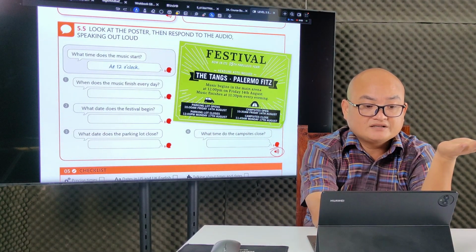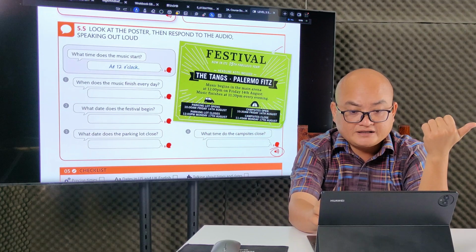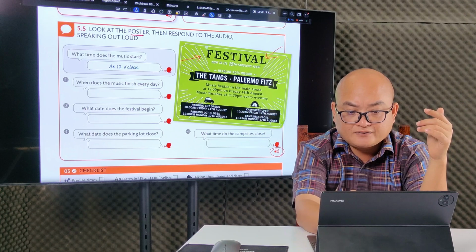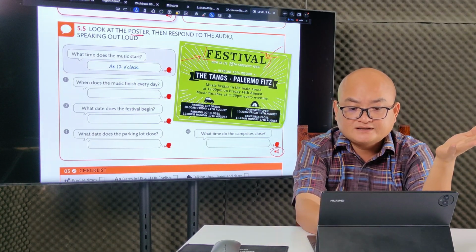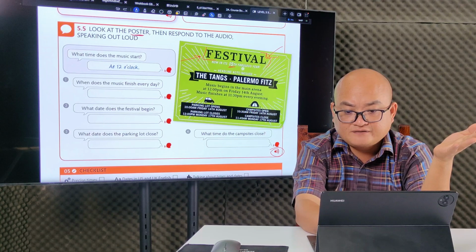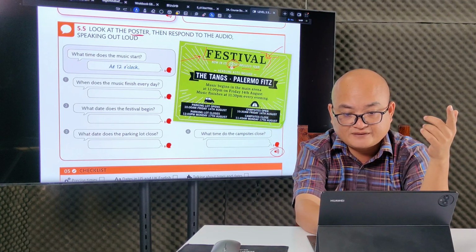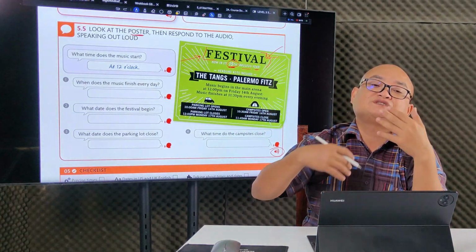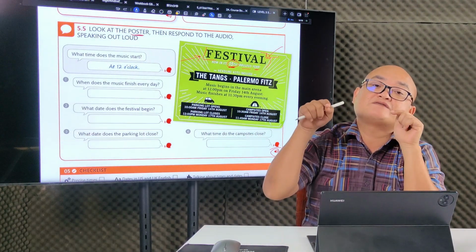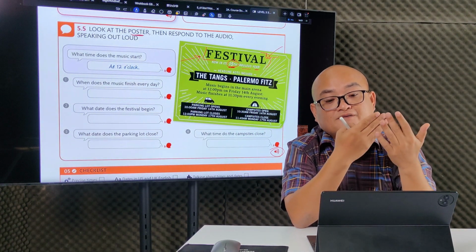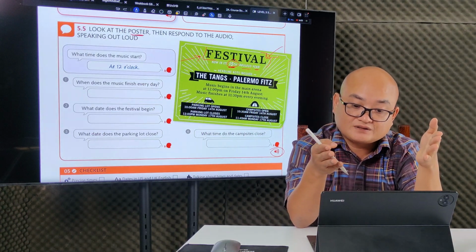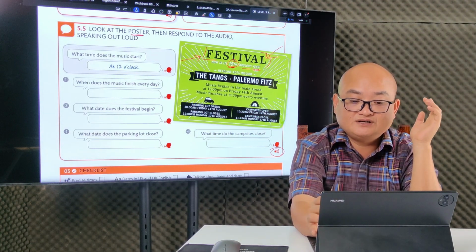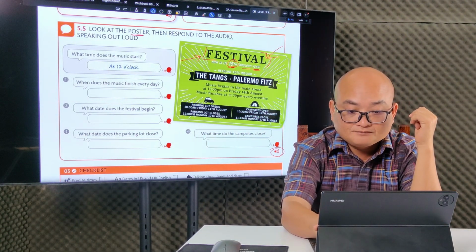Okay, so this is about look at the poster. Okay, you can look at the poster. This is the poster. The topic is about a festival that happened 15 fabulous years. So the festival has happened 14 times already, and this is the 15th time, the 15th year of the festival. Okay, so it happens every year, and this is the 15th year that they do it.